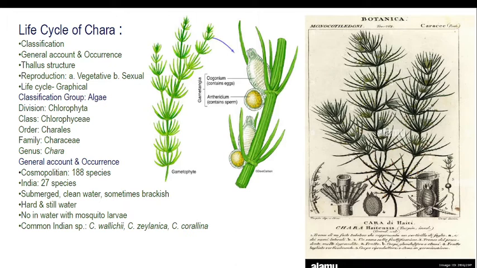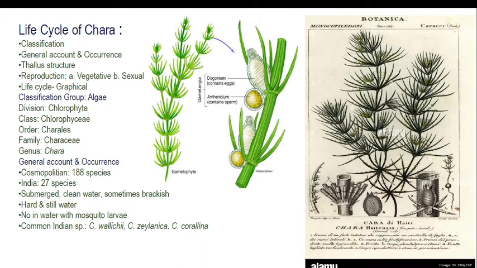After that we are going to know about reproduction, whether vegetative reproduction or sexual reproduction, and in this way we are going to know about the complete life cycle of Chara.